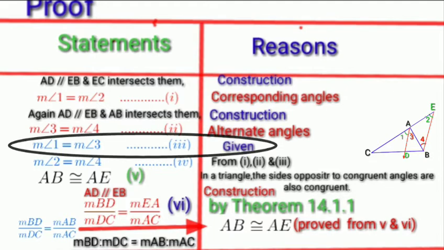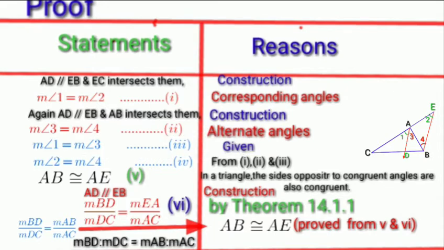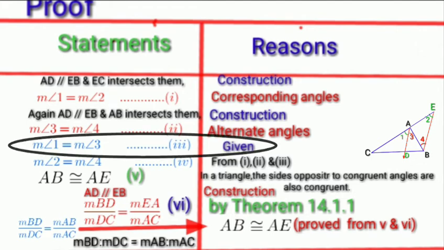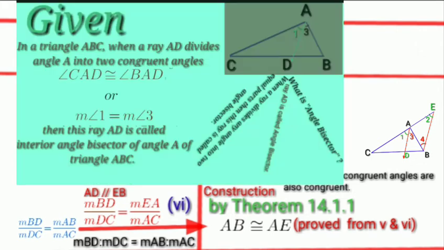Now we have to discuss equation 3. Measure angle 1 is equal to measure angle 3, which is given. We have already discussed that when angle A is divided by ray AD, then two congruent angles are formed. Angle CAD congruent angle BAD, or measure angle 1 is equal to measure angle 3.